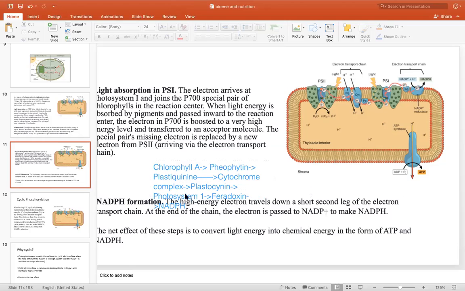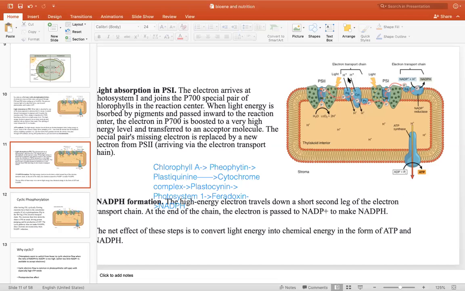Can you get it? Okay, understood. So it is from chlorophyll A to pheophytin, from pheophytin to plastoquinone, from plastoquinone to cytochrome complex. If we look over here, this is your photosystem 2, chlorophyll A, that is your pheophytin, pheophytin to plastoquinone to cytochrome. Okay.